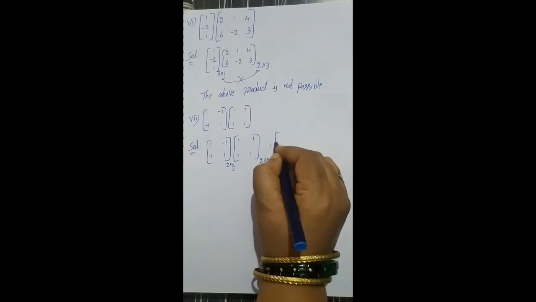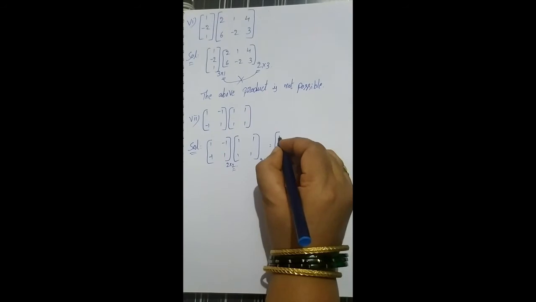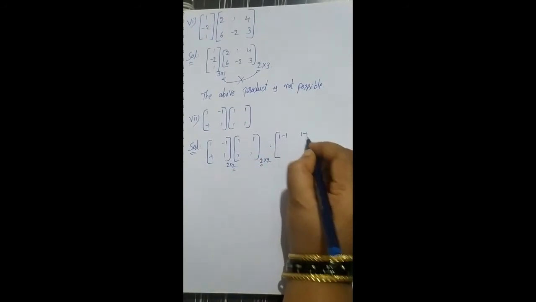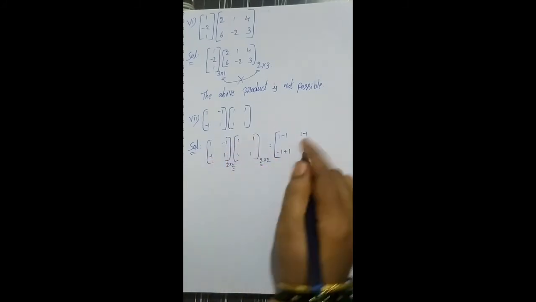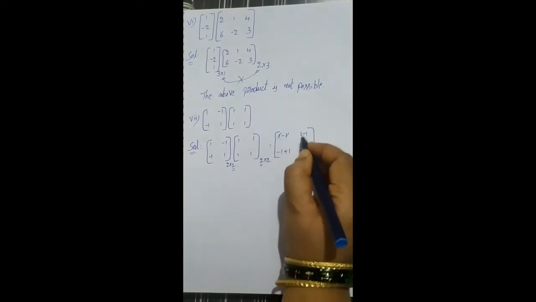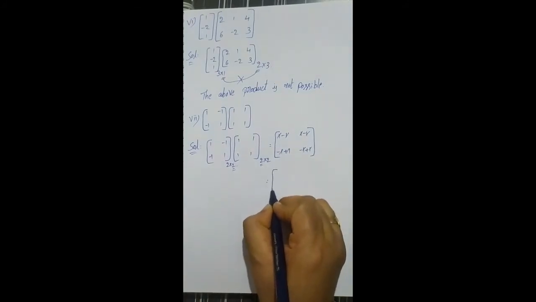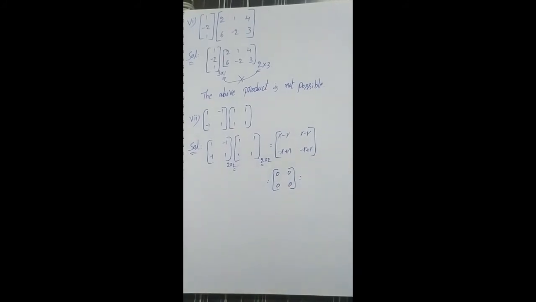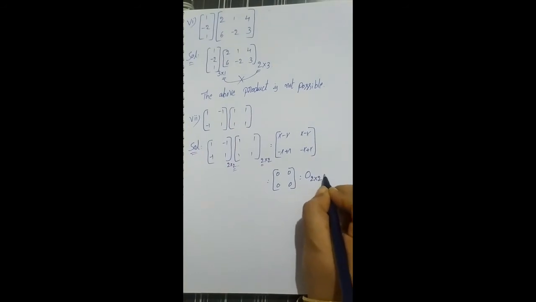That is equal to, first this row, this column: 1 into 1, 1 minus 1, 1 minus 1 minus 1 plus 1 minus 1 plus 1. All ones are cancelled. That is equal to 0 0 0 0. This is a null matrix, denoted by O of order 2 by 2.